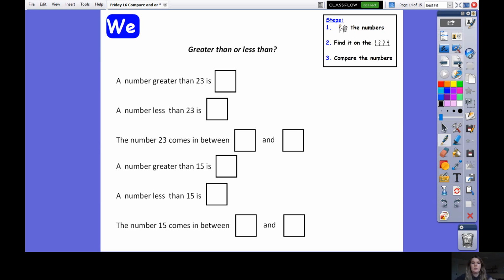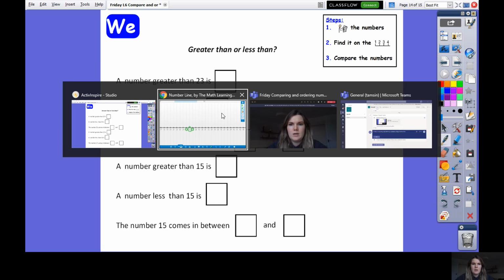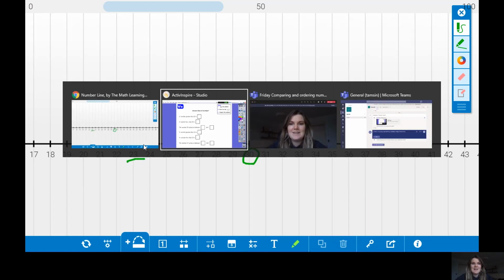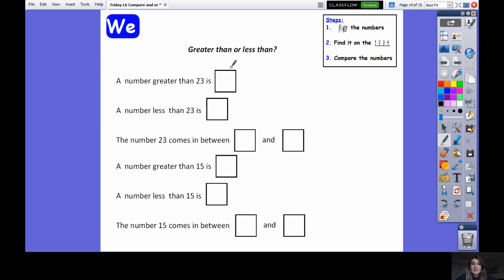If we found 23 on the number line, we'd be looking for a number that is higher than 23, so any number on its right. What's higher than 23? I'm going to say 30. There's 23. Am I right? Absolutely. So we can say a number greater than 23 is 30.